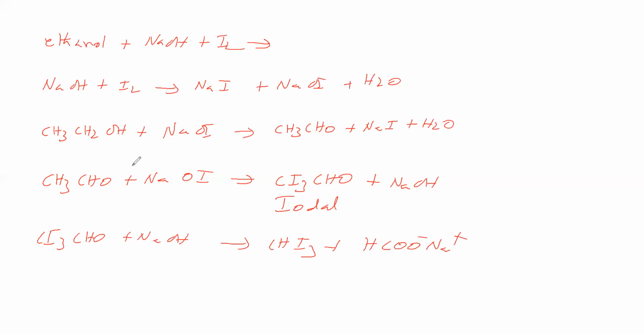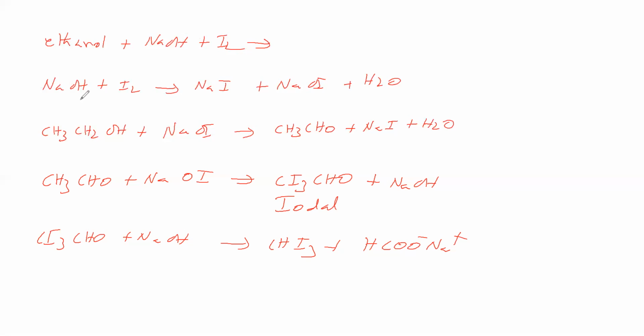This acetaldehyde is reacting with sodium hypoiodide. Iodination is possible, and iodination gives iodal. The alpha hydrogens are replaced by iodine. This iodal undergoes hydrolysis in the presence of base to give iodoform. So we got iodoform from ethanol by treating with sodium hydroxide and iodine, we can say.